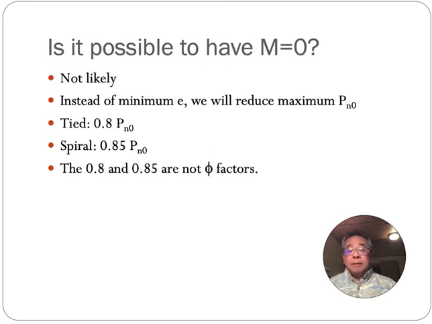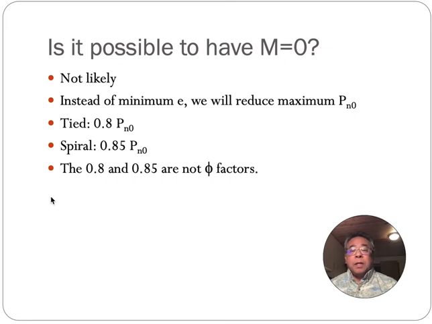Well, is that possible? Is it possible to have zero moment? And the answer is no. And what that means is that there is a little bit of moment no matter what. And what we're going to do, instead of figuring out what the minimum eccentricity is, you can imagine that when you add moment to the axial load, it reduces the strength.